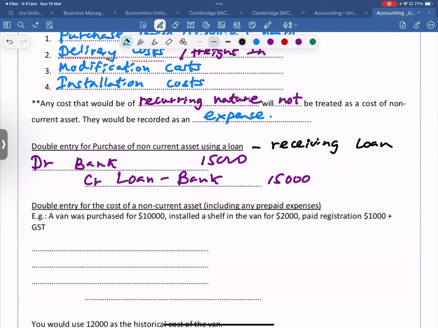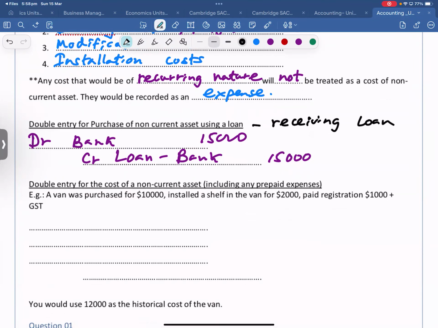Wouldn't you debit and credit simultaneously? No, separately. See, separately. Okay.